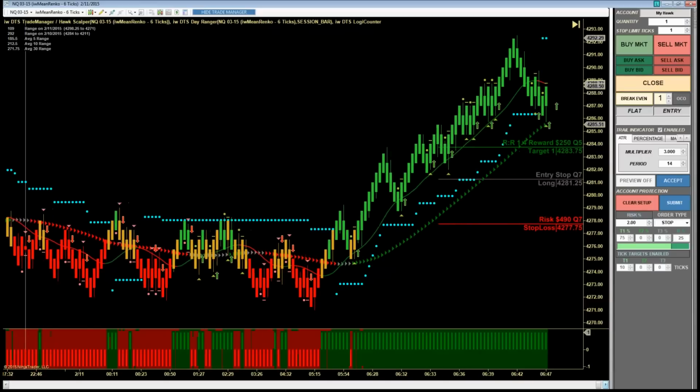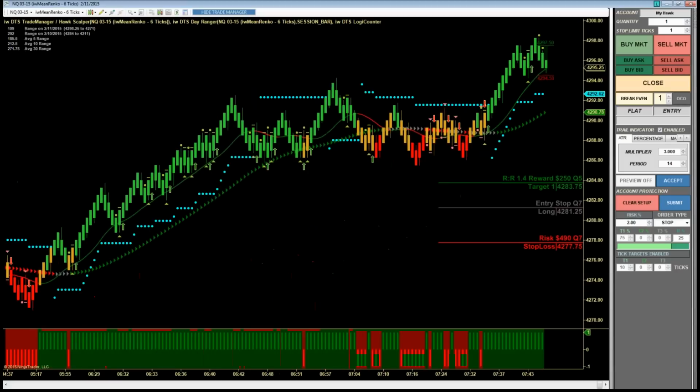Like here out of the open on the NQ today, boom, $250 in the bank, running 2 more contracts, and we'll just go with the ATR strategy. The parabolic was more aggressive, but we get out here at looks like 42.86 half, and let's say we got in at 42, well, we'll say 42.81 half for easy math.